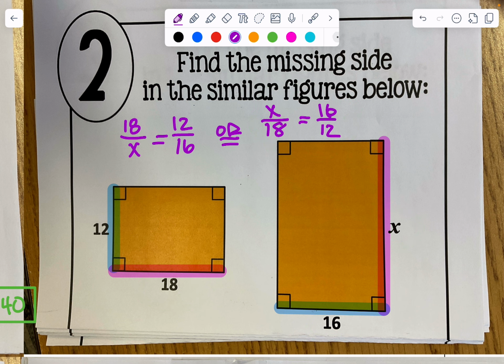No matter which one you set up, when you cross multiply, you get 12 times X equals 18 times 16, which is 288. And then when we divide by 12, we get 24.